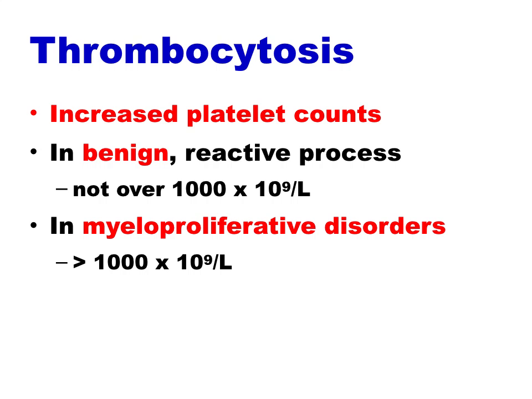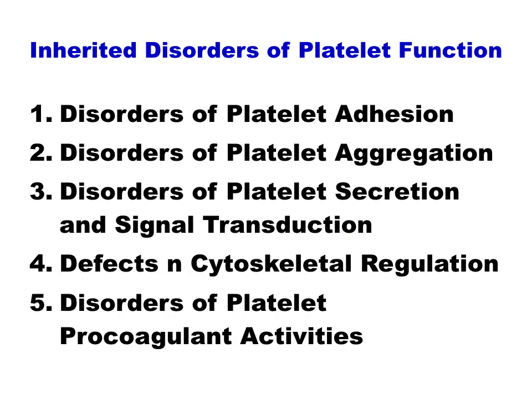that might be malignant. Okay, so these are the different inherited disorders of platelet function. Platelet function, in the sense that there is a problem in adhesion or aggregation or even the platelet secretion and transduction, or it can be a defect in cytoskeletal regulation as well as a disorder of platelet procoagulant activities.